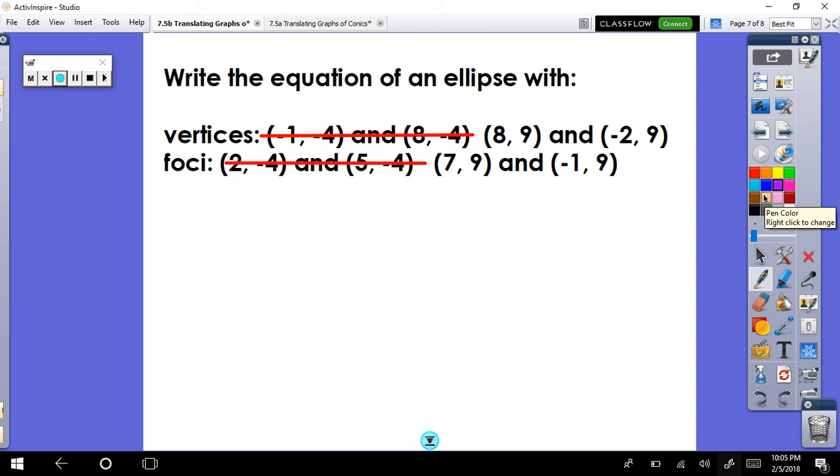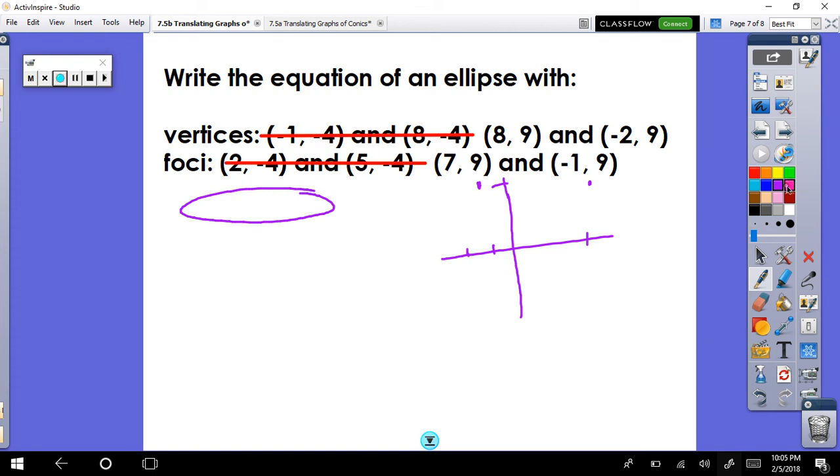So if I sketch this graph here, I have vertices at 8, 9. So 8, 9 way up here, and -2, 9 up here. So that tells me that this is an ellipse that looks like this because my vertices are horizontal.